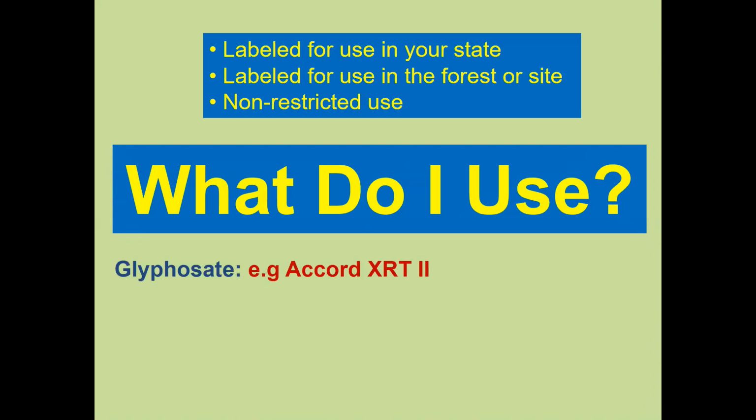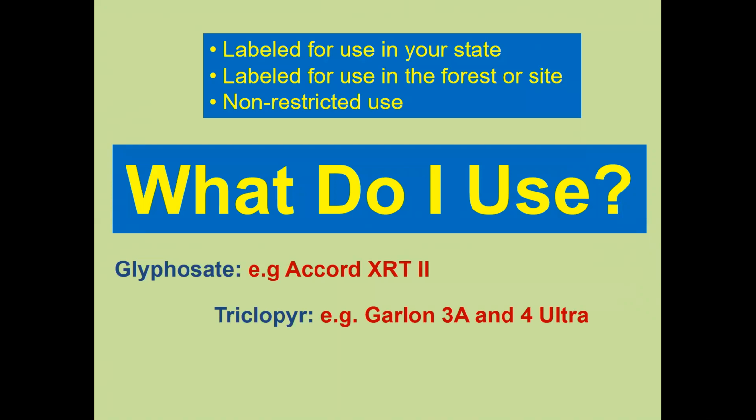I'm going to give you 3 active ingredients that I would say we could do almost all of the work we need to do with. First, glyphosate, an example product would be Cordon XRT2, which is a surfactant loaded, ready to go product basically. You don't need to add anything else to it, just dilute it to the proper concentration and you're ready to go, whether you're doing foliar sprays or hack and squirt.